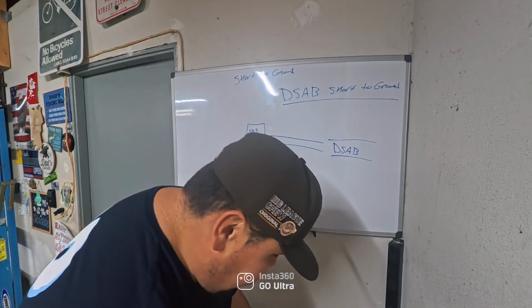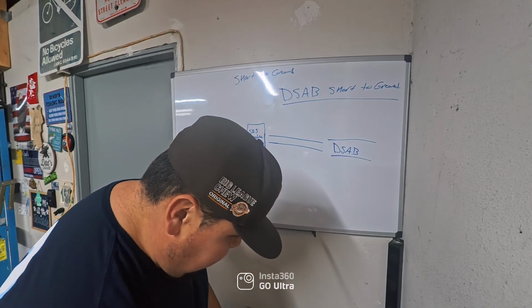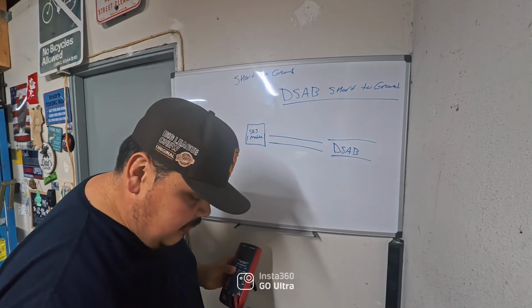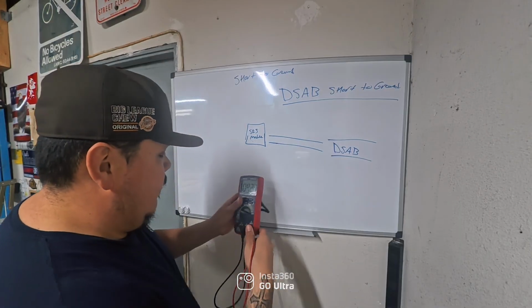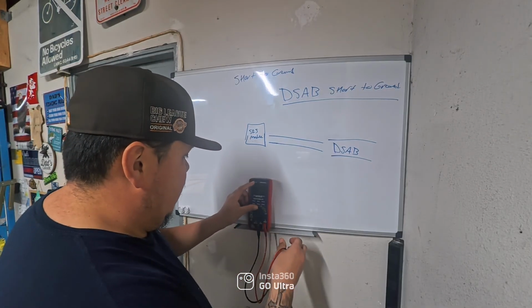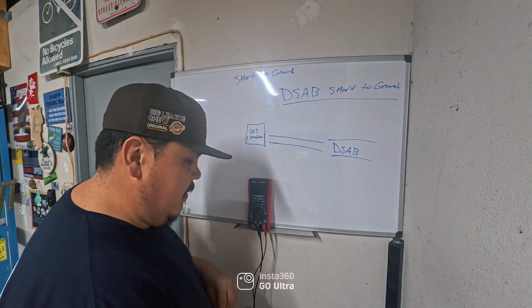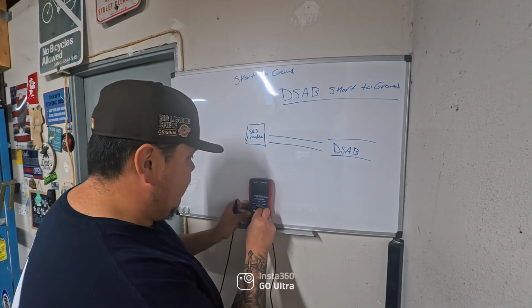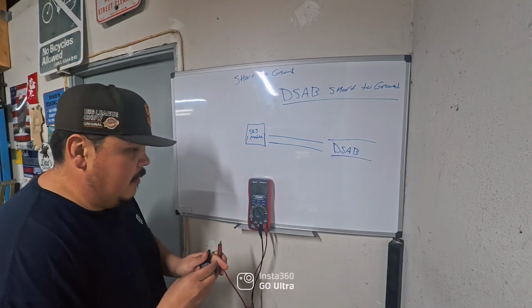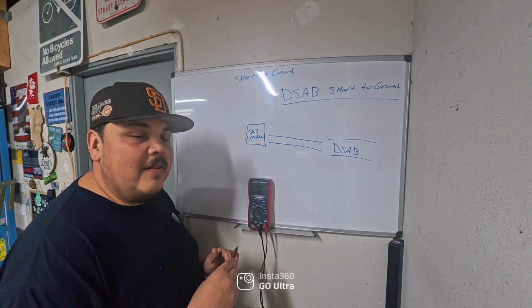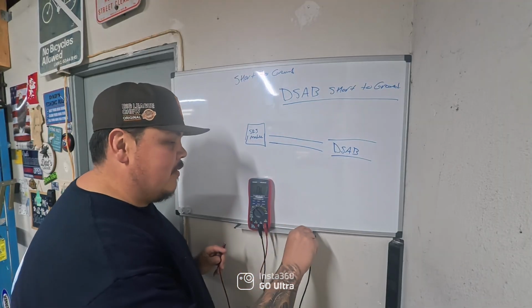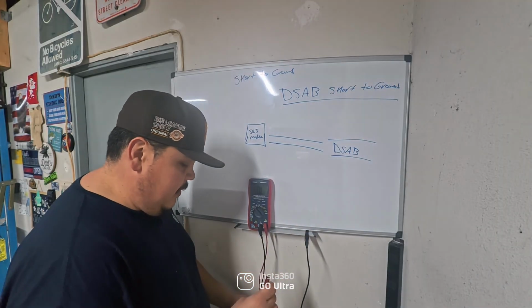So now that your components are unplugged, you're going to be setting your meter to the horseshoe. The first test that I do is black lead to a known good chassis ground.